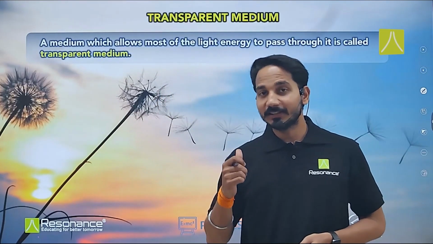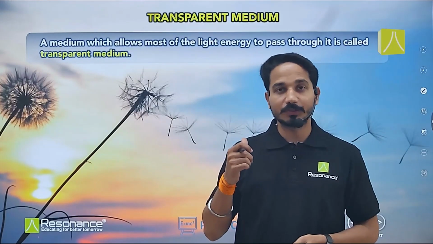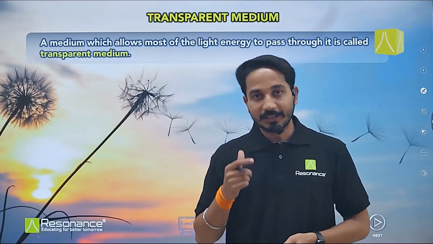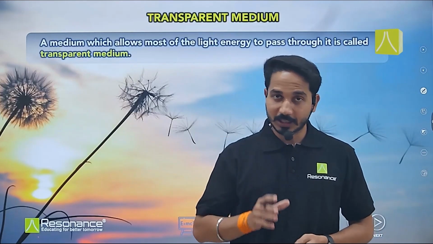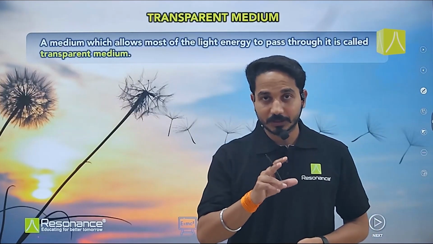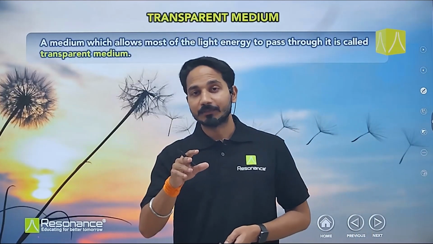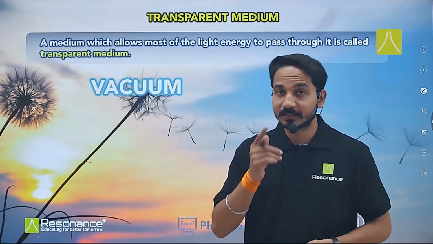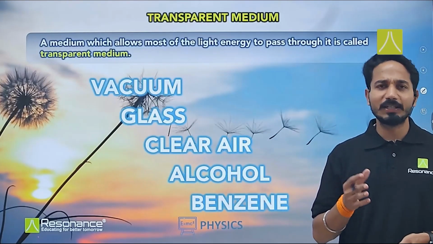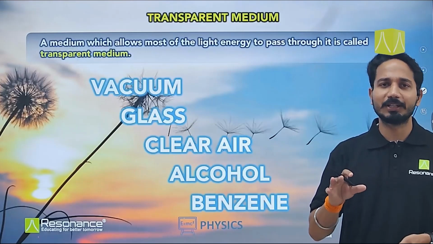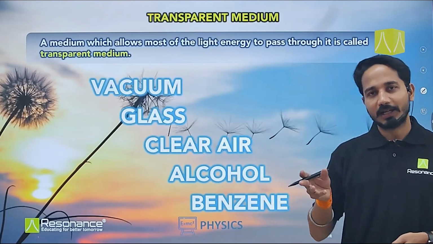We are studying the chapter light, and every term here is a basic term which we will use in light, and everything is with reference to light only. That is why we are describing transparent medium with reference to light. Examples: vacuum, glass, clean air, alcohol, benzene. These are all transparent media through which light can easily propagate, passing from one side to another.